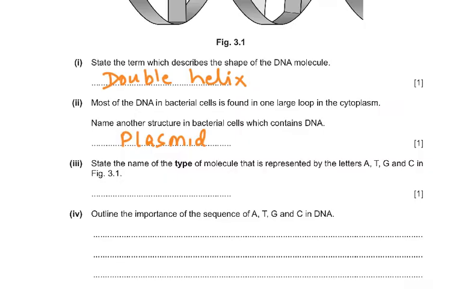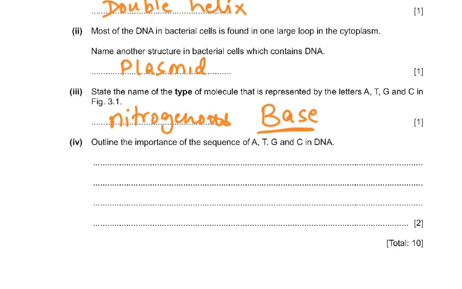It's a nitrogenous base. Well, you just have to say a base, but nitrogenous base was actually what you had to write. The word base was what was needed. So A, T, G, and C are nitrogenous bases. And then we come to part 4 of the question.